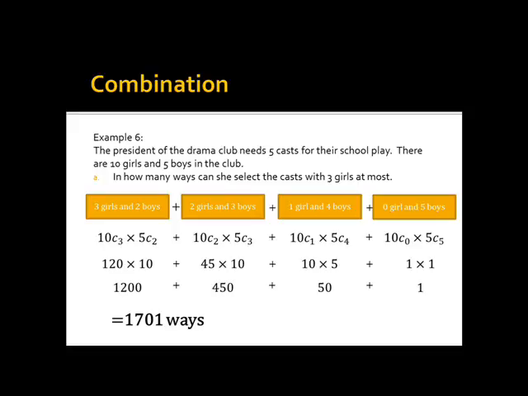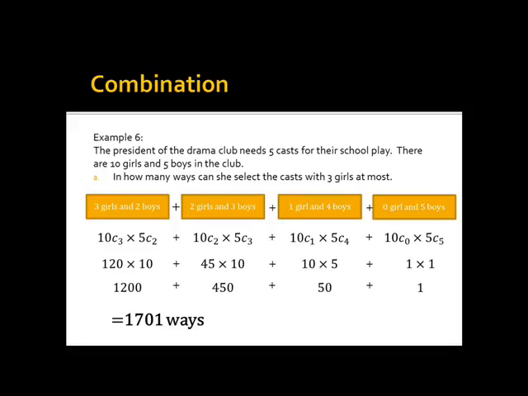So you can have 3 girls and 2 boys, 2 girls and 3 boys, 1 girl and 4 boys, and no girl and 5 boys. So the formula will be 10C3 times 5C2 plus 10C2 times 5C3 plus 10C1 times 5C4 plus 10C0 times 5C5.